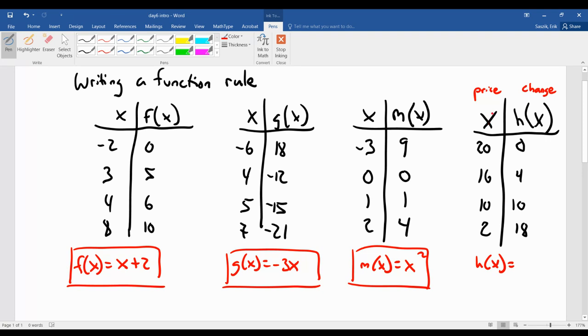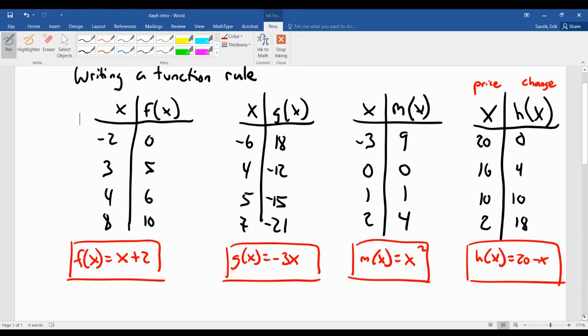We're subtracting what? The price from the $20 bill that I'm giving. You see, all of these rows add to 20. If I do 20 minus x, I get the right-hand column, the change.